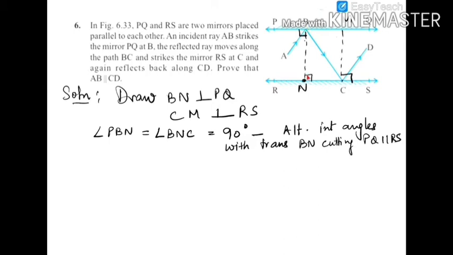Now angle BNC and angle MCS are 90 degrees. But these two angles form corresponding angles made by the transversal RS cutting the lines BN and MC. So what can we say about BN and MC? They are also parallel.